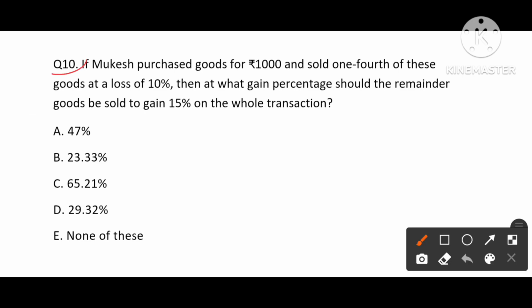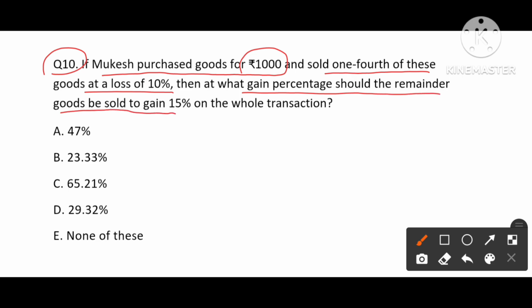Now we are going to see question number 10. If Mukesh purchased goods for 1000 rupees and sold 1/4 of these goods at 10% loss, at what gain percentage should the remainder goods be sold to gain 15% on the whole transaction? So he bought at 1000 rupees. On the overall transaction, he needs to get a 15% profit, meaning 1150.